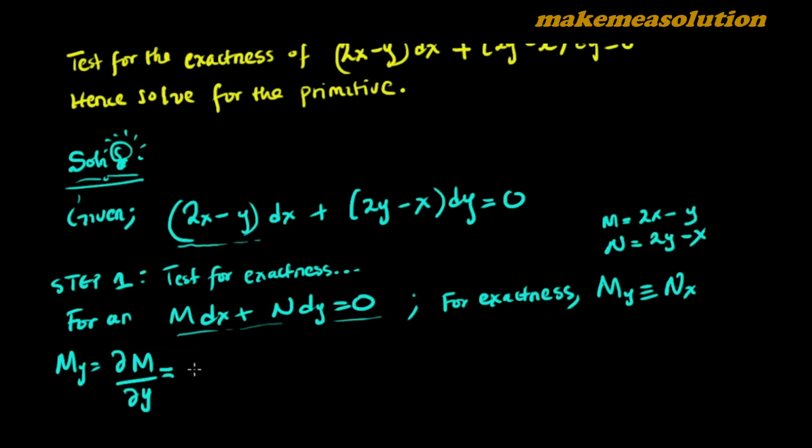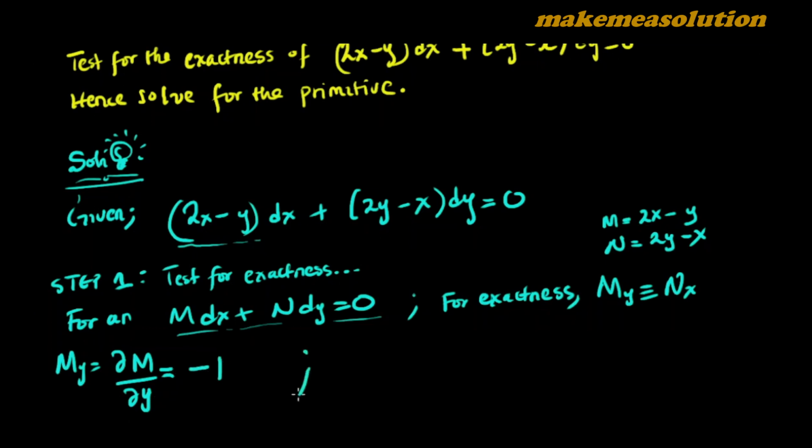So we are going to differentiate M with respect to y partially. If you differentiate 2x with respect to y partially, what happens? It cancels out since x is a constant for the time being. When you differentiate minus y, you get minus 1.